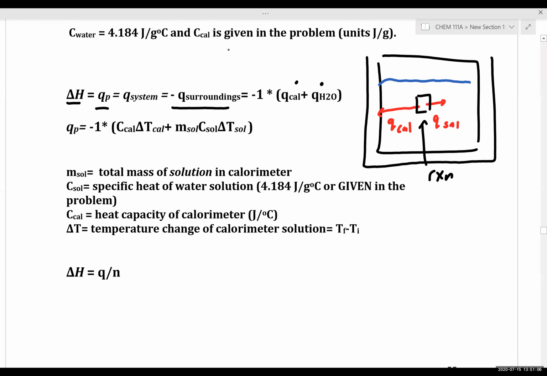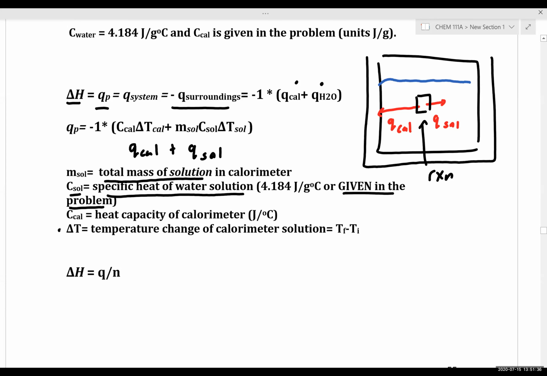So we have Q cal, which is just C cal times delta T, and the heat associated with water, which we'll call Q solution, is just the mass of the solution, the total mass of the solution in the calorimeter, times the specific heat of the water solution, which will either be very close to water or will be given in the problem.